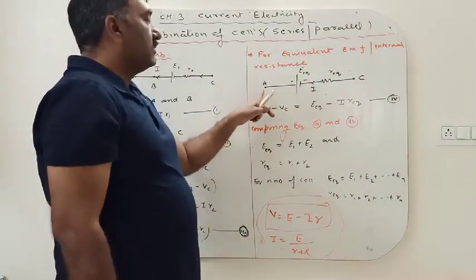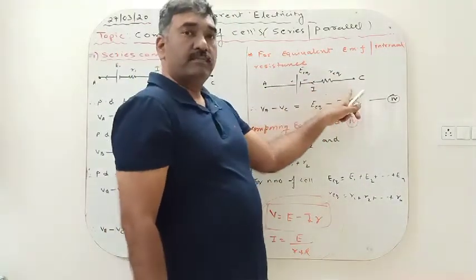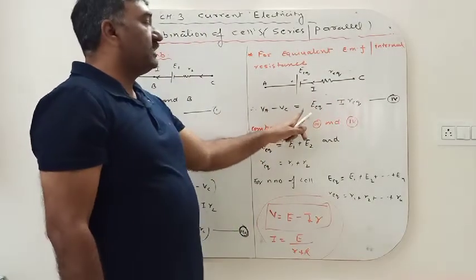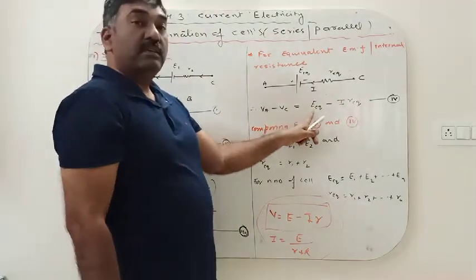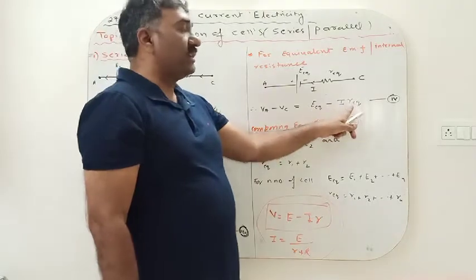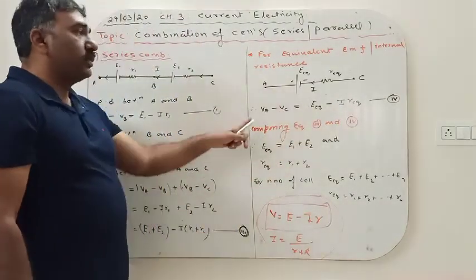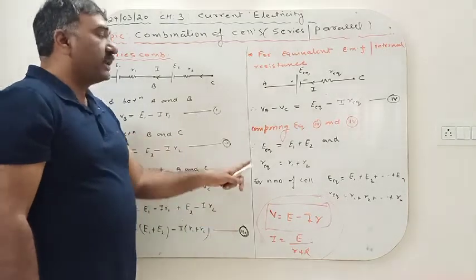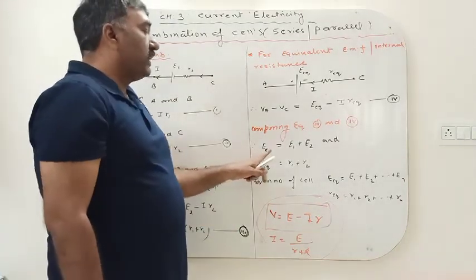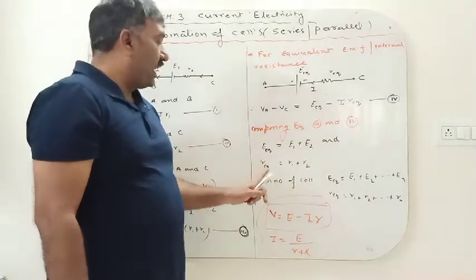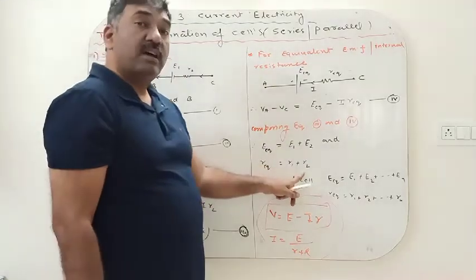So again VA minus VC is equal to E equivalent minus I R equivalent, equation 4. Comparing equation 3 and equation 4, E equivalent is equal to E1 plus E2, and R equivalent is equal to R1 plus R2.